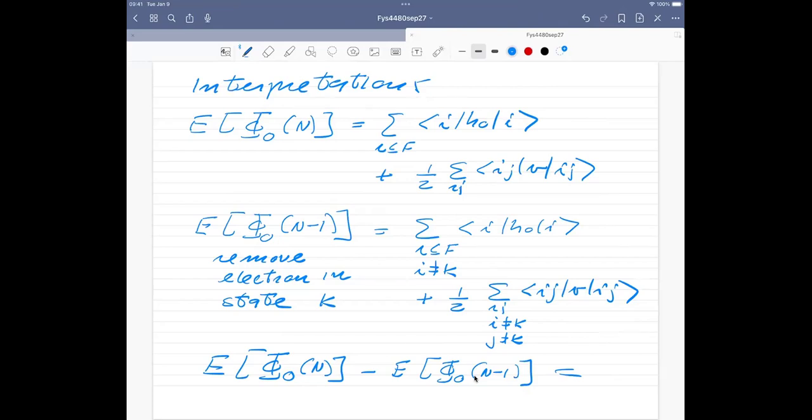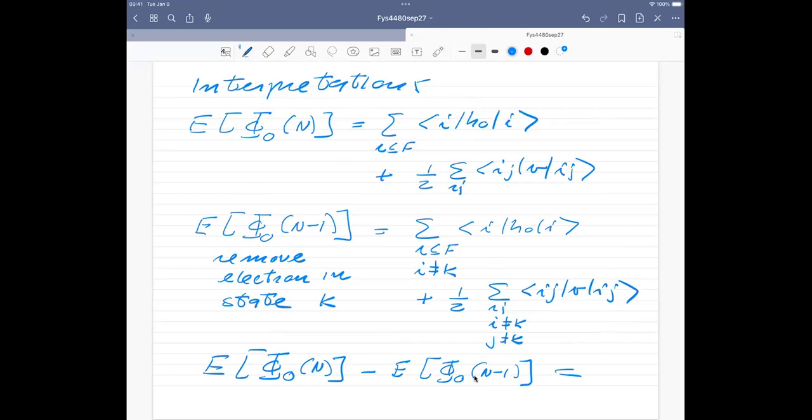Alternatively, if you run a Hartree-Fock calculation, they will be slightly different. But what I'm assuming now is that this difference is not large. So I can go back and use the basis I found for the n particle system to calculate these matrix elements. So the single particle basis is unchanged, which means that the integrals are unchanged.